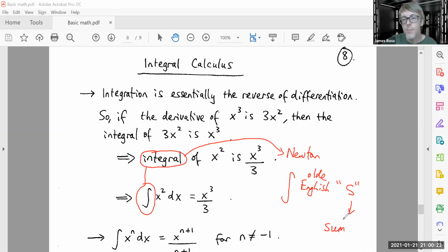It refers to sum. So I'm going to sum between limits, which we're not at limits yet, but between two extremes, I'm going to sum all of my x squared terms as x changes. So you have to sum over a varying quantity. Here my varying quantity is dx. So therefore I'm summing x squared over dx.